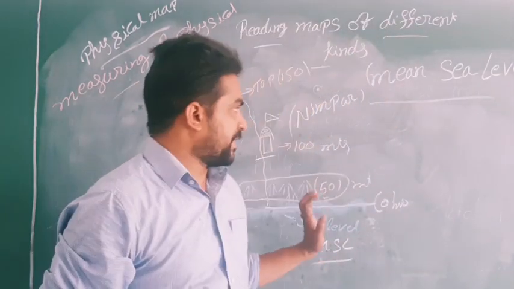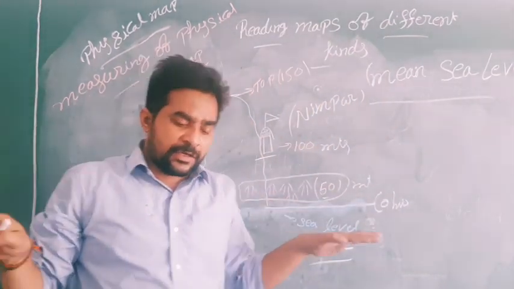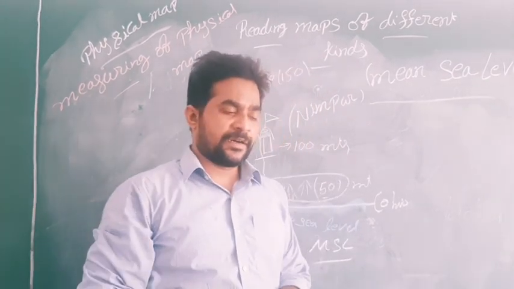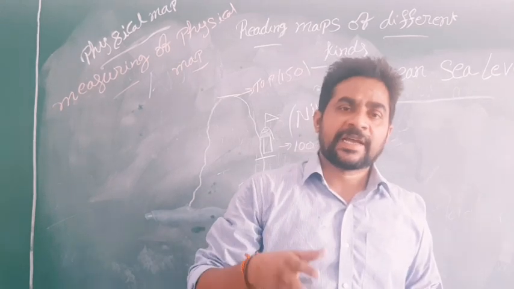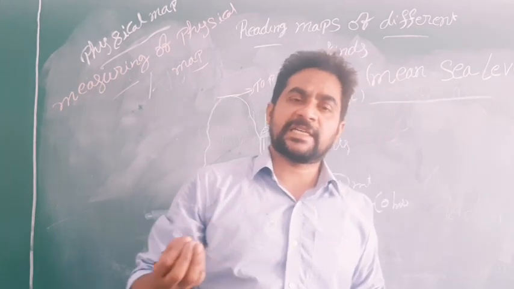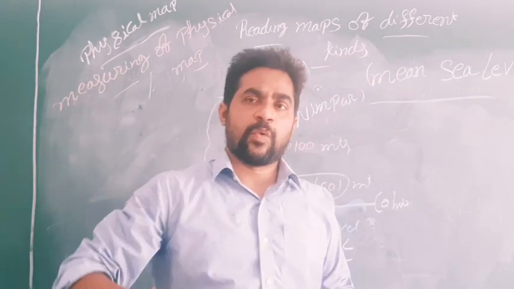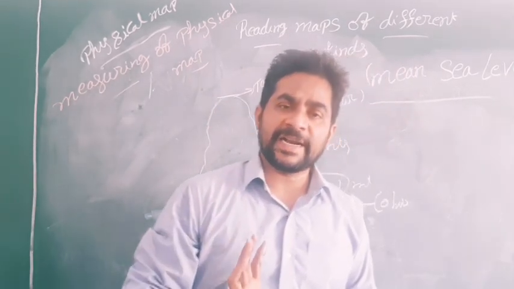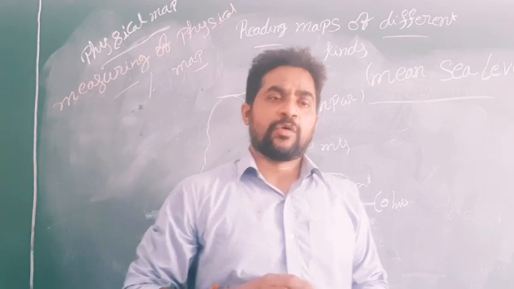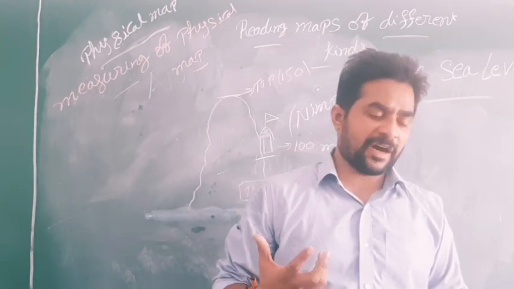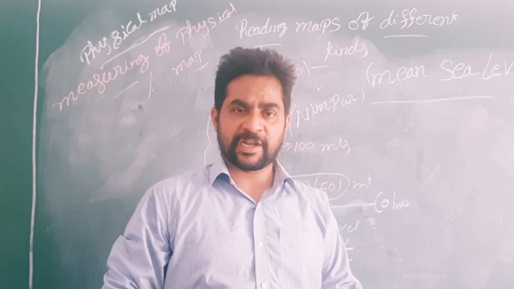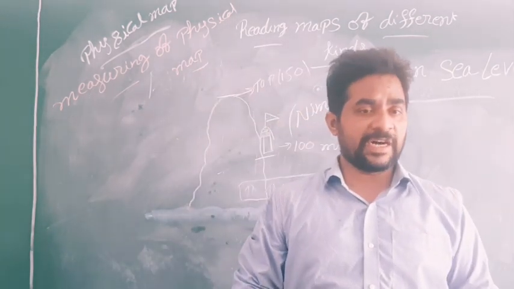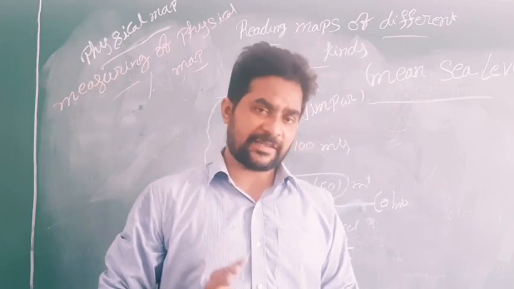Mean sea level means the sea level throughout the world is equal, and this sea level can change in certain areas sometimes when the tides occur. The tides occur only in some aspects, either on half moon day or full moon day, because of the gravitational forces between the moon, the sun and the earth.